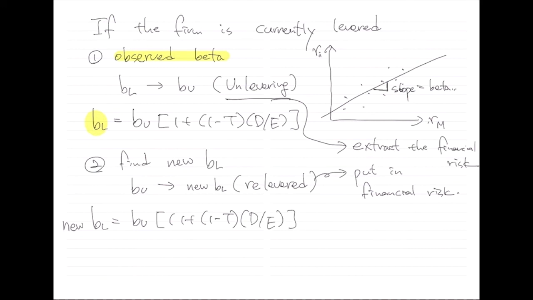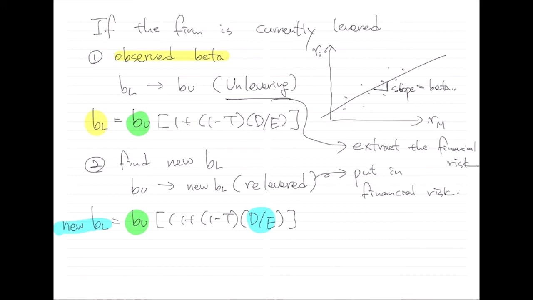We can highlight that BU is here, right? In the first step, we calculate the unlevered beta. We extract all the financial risk, and finally we get the new levered beta with the new financial risk.